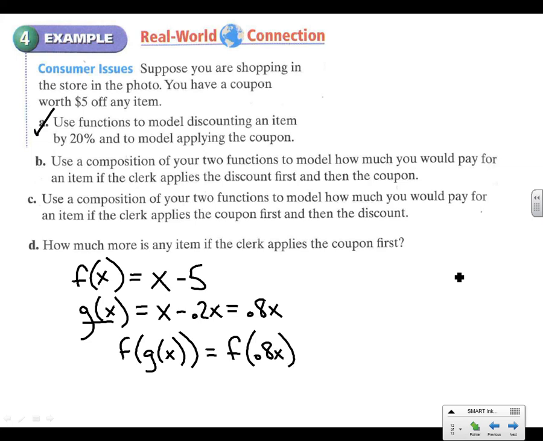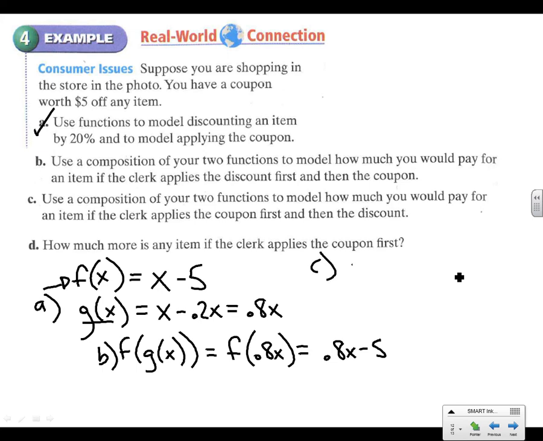Plug 0.8x in for x in the f function, and we get 0.8x minus 5. So we take 20% off and then subtract 5. That was part B. Now, part C: use a composition to go the other direction. We're going to do the coupon first.